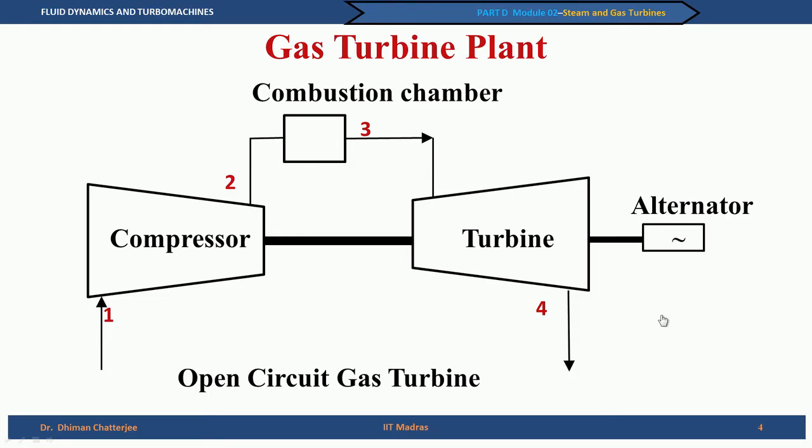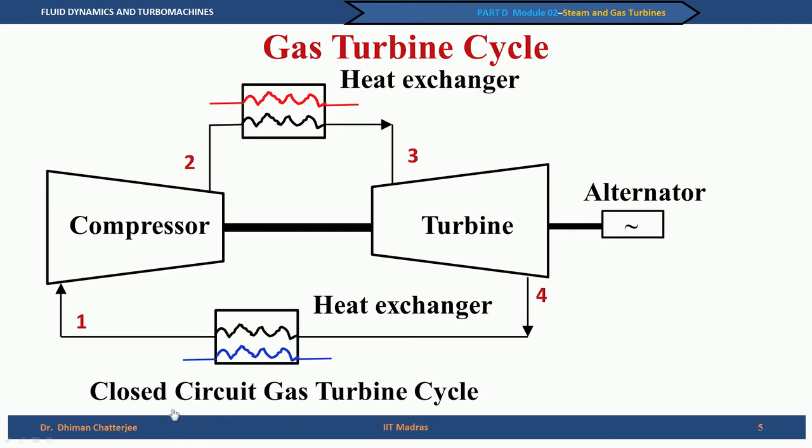Strictly speaking, this is not a cycle, because the states 1 and 4 are not connected and it need not be the same. So, an air standard cycle can be thought about, and this is a closed circuit gas turbine cycle in which this combustion chamber is replaced by a heat exchanger.